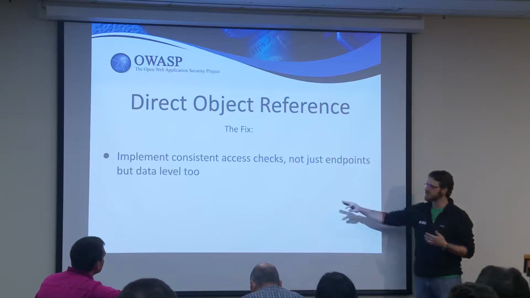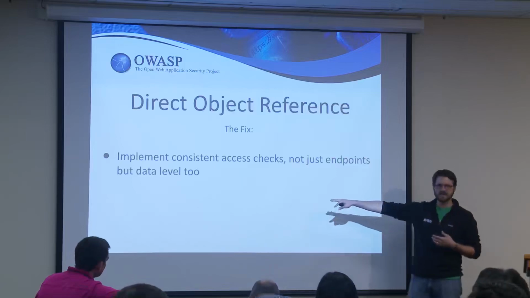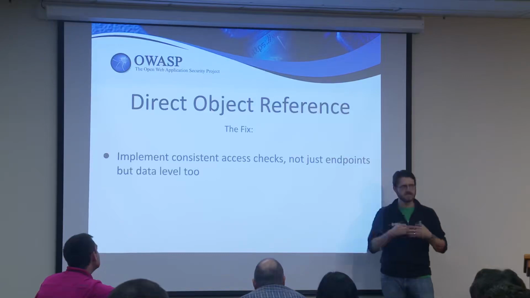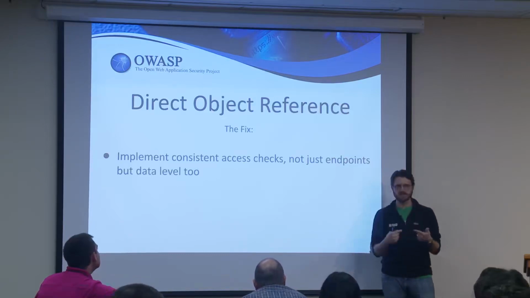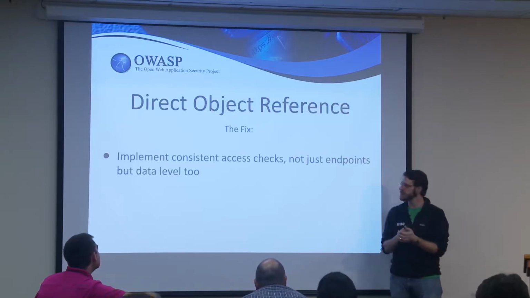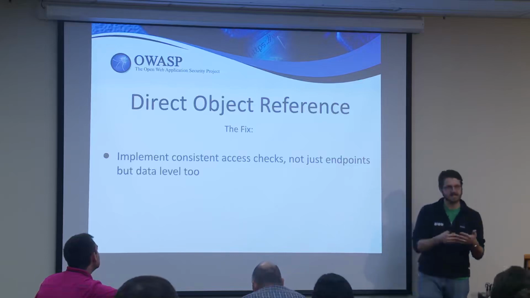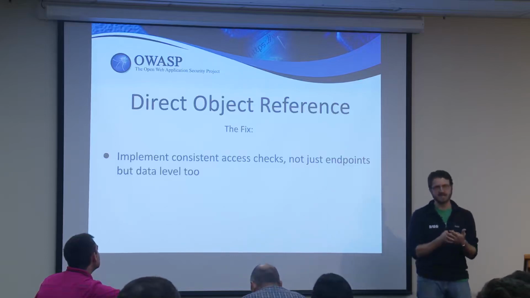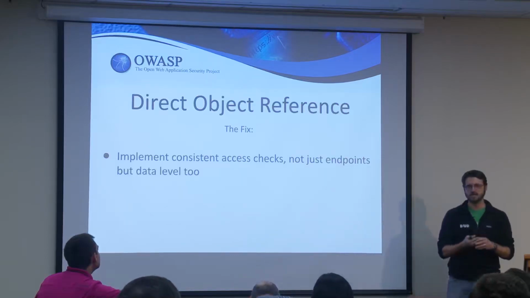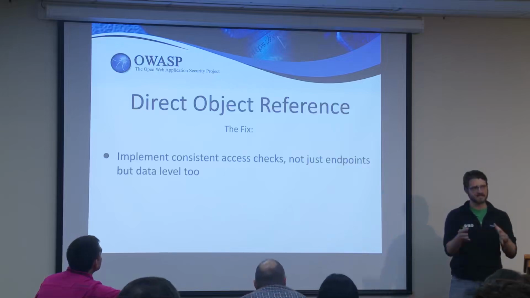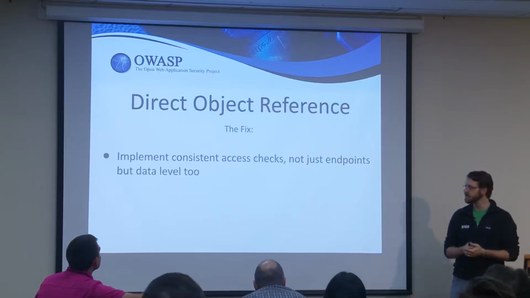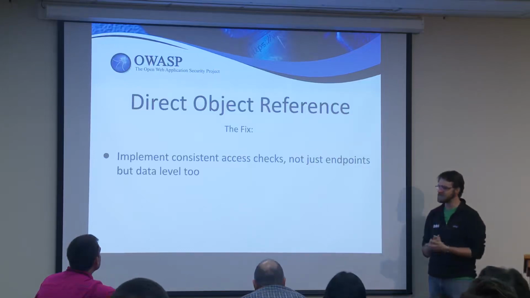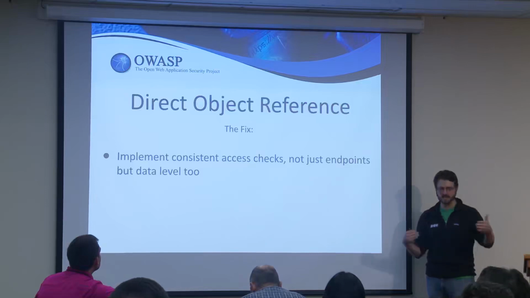So it's a lot harder to do it at the data level, unfortunately, because a lot of times that means going into the data itself and running it through a filter or something like that. But if it's sensitive enough data and you want to protect it adequately, then you kind of have to do that. A lot of times it is based on the access level of the actual endpoint that's being used. But sometimes it's a little bit different, especially on an AJAX call that's returning JSON, something like a JSON structure.